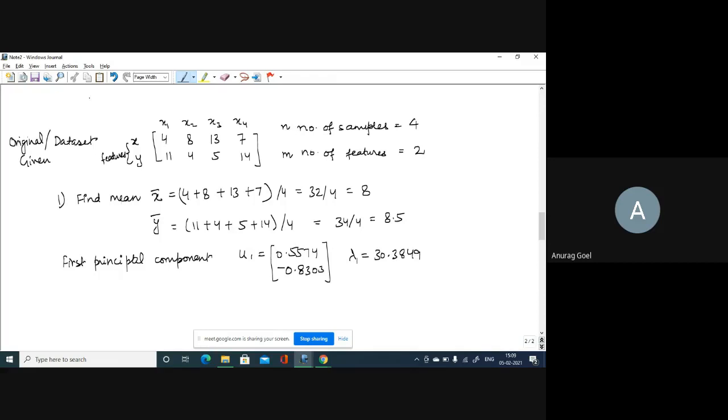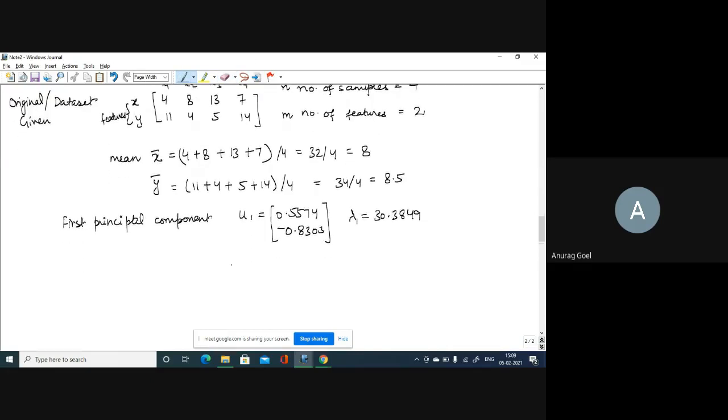This was the mean, and this was the first principal component. Now, how can we construct the new data set? The new data set would be of this form.